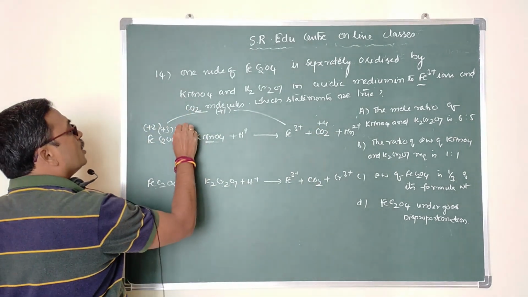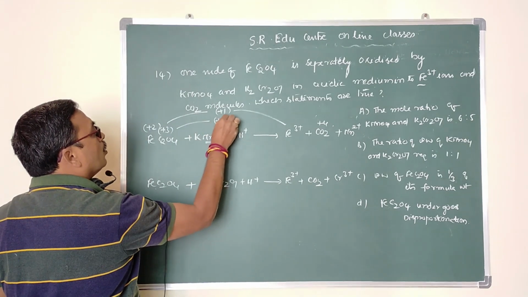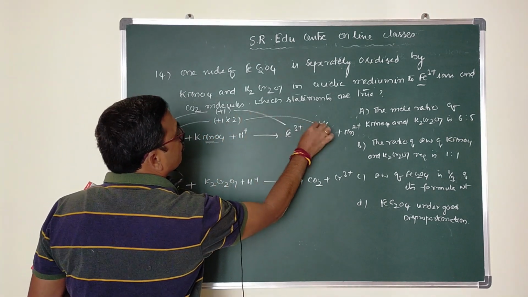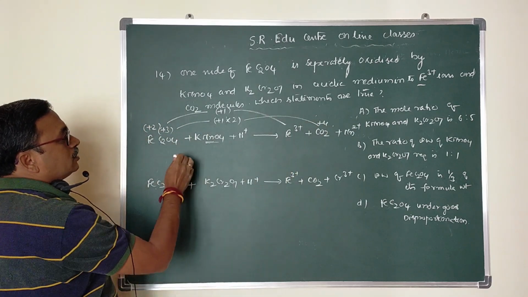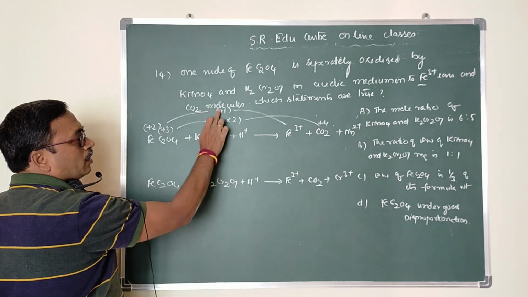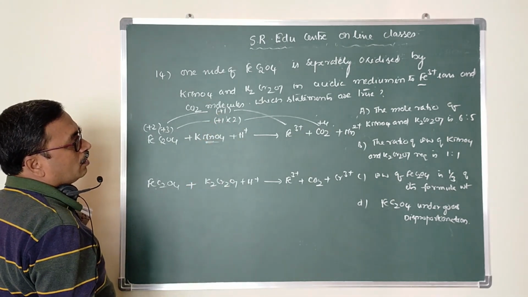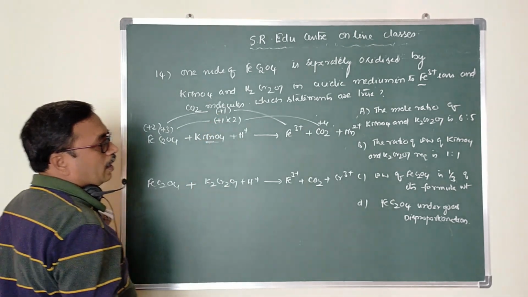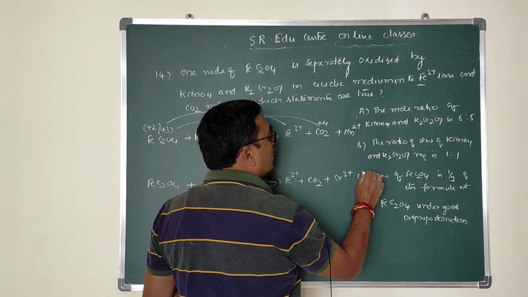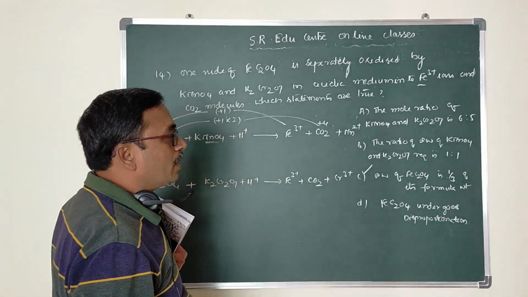Therefore, change in oxidation state is +1 per atom, per molecule it is into 2. So total change in oxidation state is +1 plus 2, that is +3. Therefore, N factor is 3. Hence, equivalent weight of iron oxalate is 1/3 of its formula weight. This is correct, because we are getting N factor as 3.